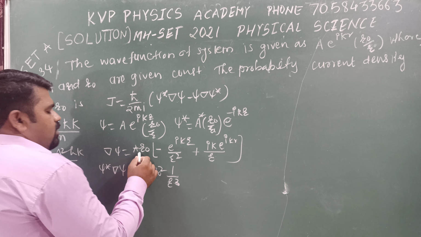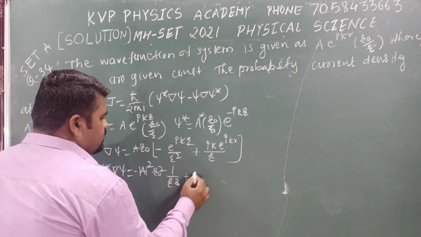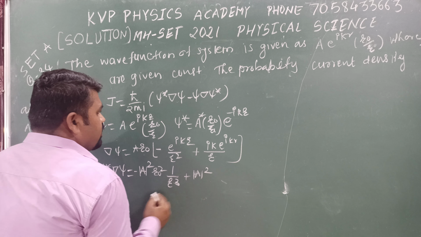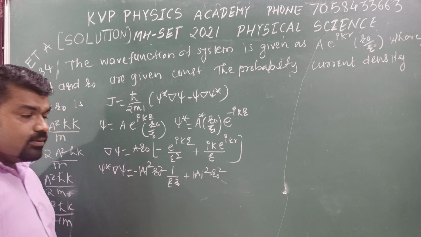Second term. What is the second term? A* r₀, and this becomes A into A* mod A squared, r₀ squared.